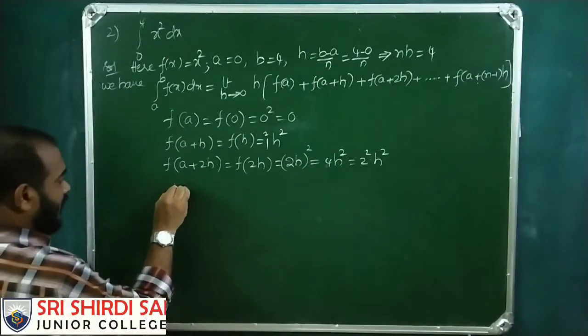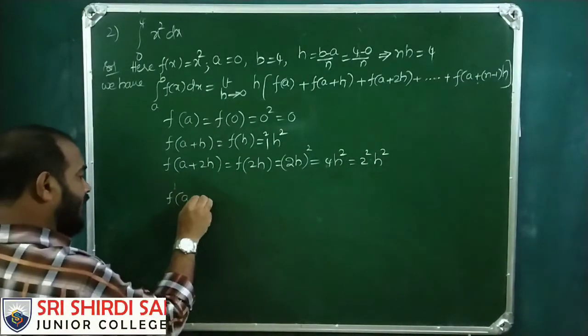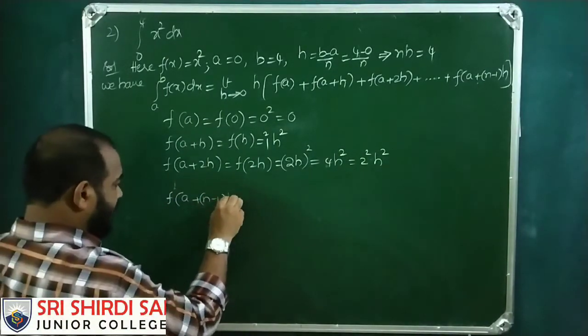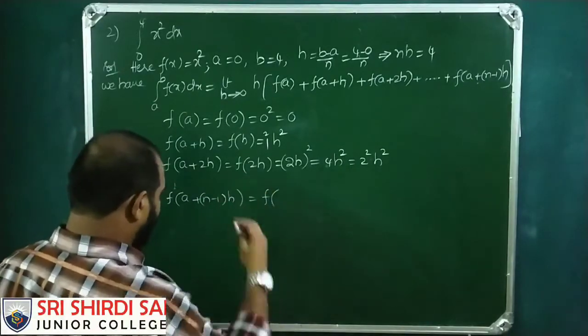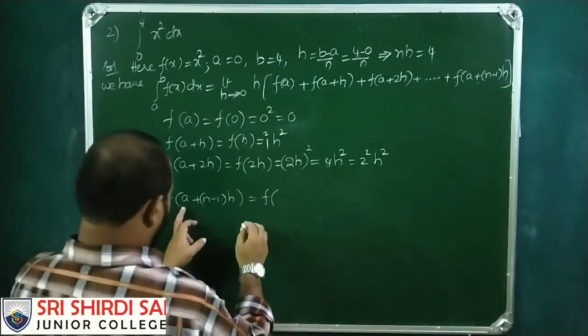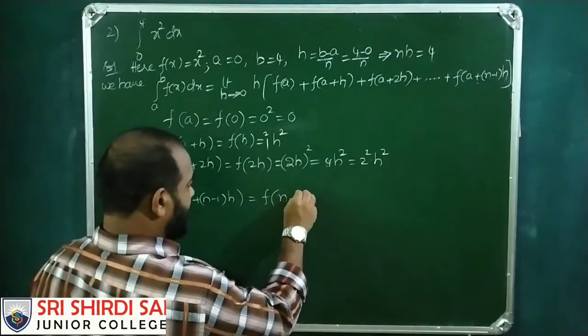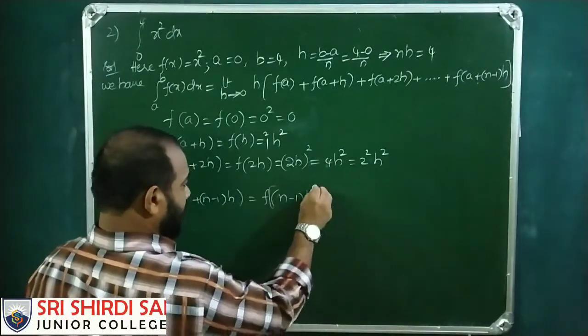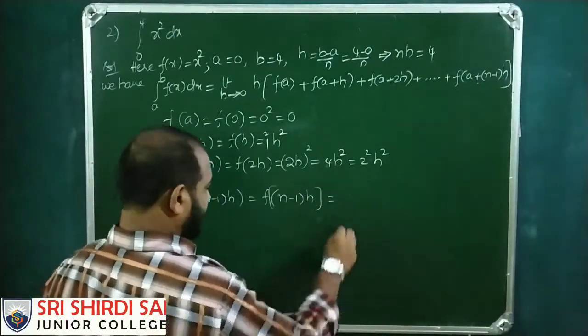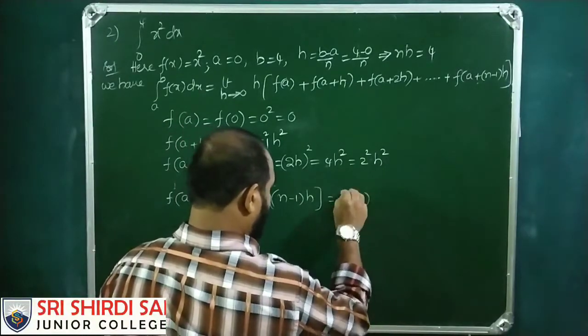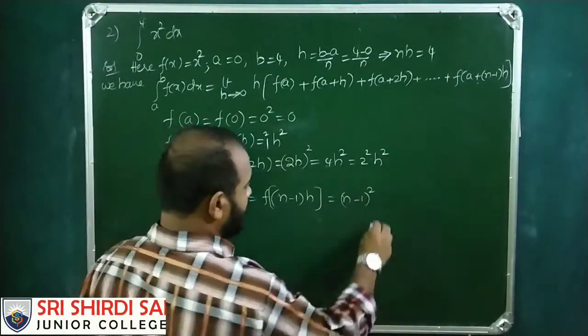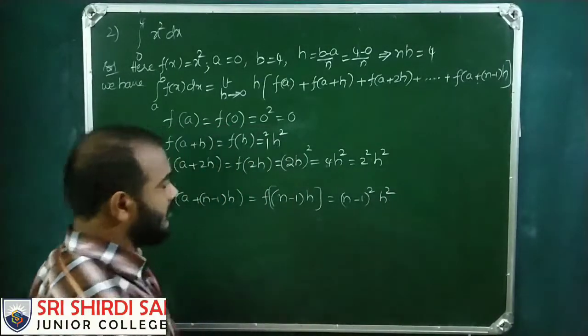So, etc., f of a plus (n minus 1) into h is f of 0 plus (n minus 1) into h, which is (n minus 1) whole square into h square.